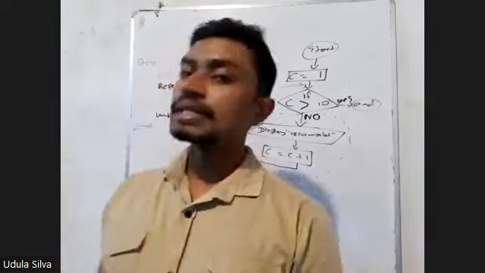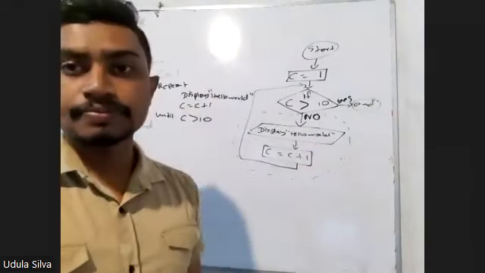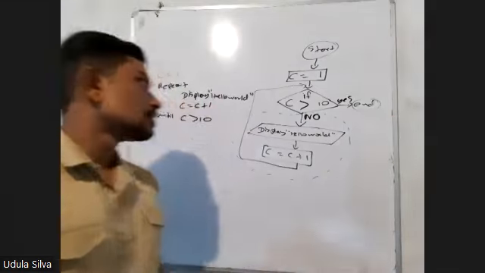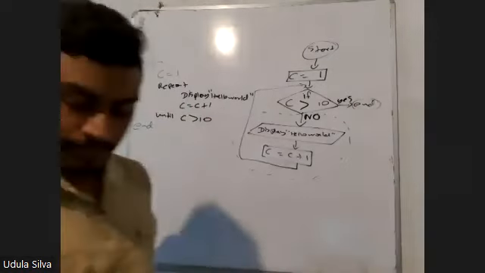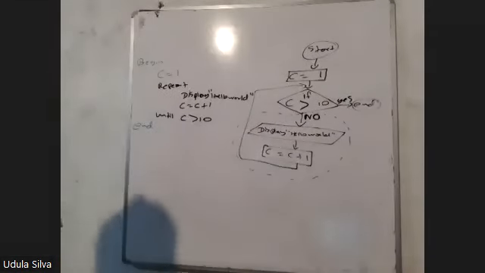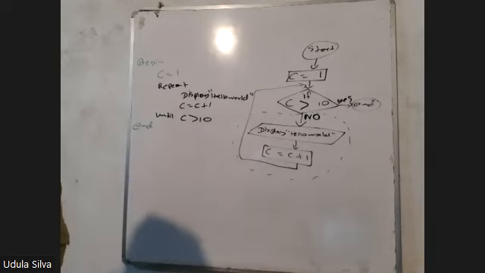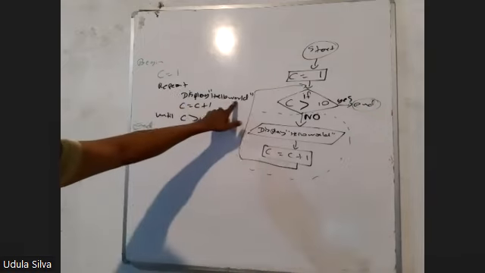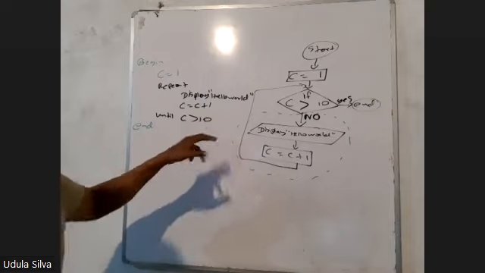For this one, repetition from the no side is repeat until. Begin, C equal 1, repeat, display hello world, C equal C plus 1, until C greater than 10.